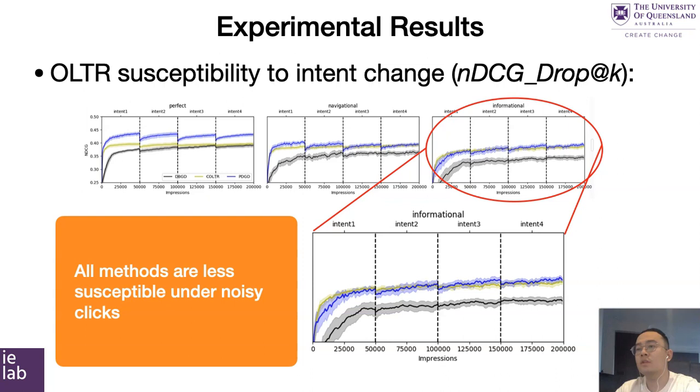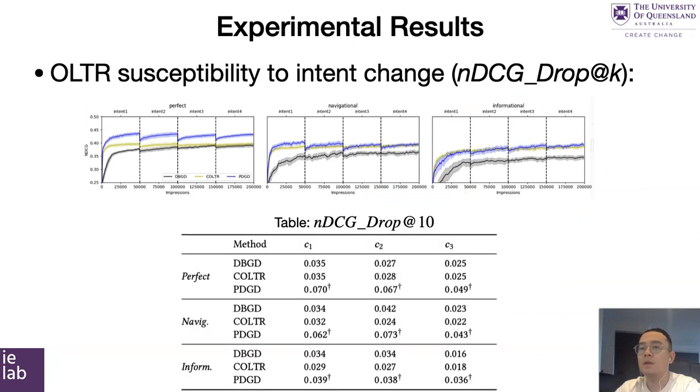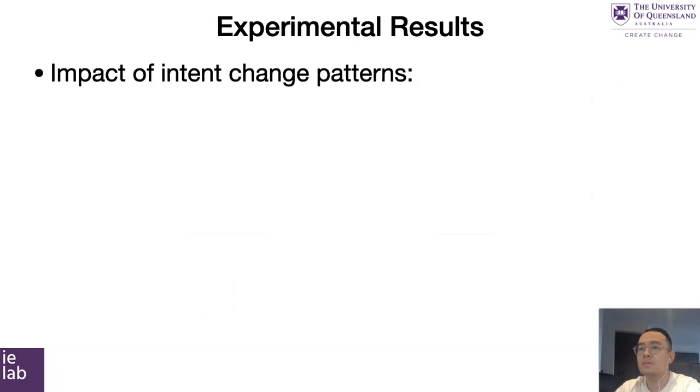For the curves of the informational click model, the drops at the interchange points become much less obvious. This means the methods are less susceptible under a noisy user click environment. This table also shows the susceptibility of each method estimated by our proposed NDCG drop at k. The values in the table further confirm the findings we discussed in the previous slides.